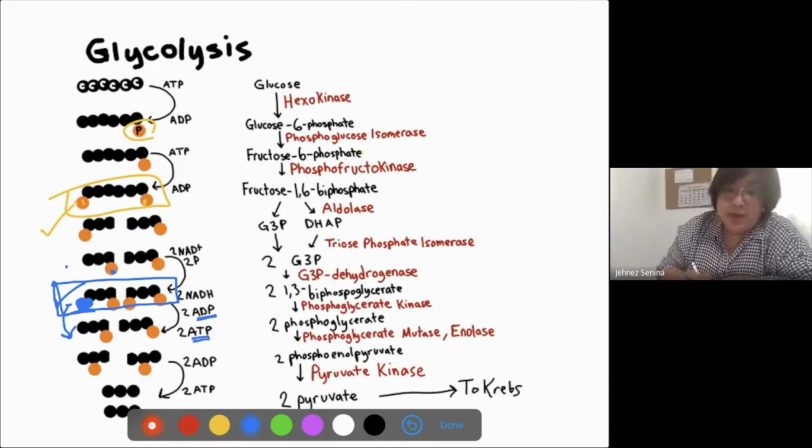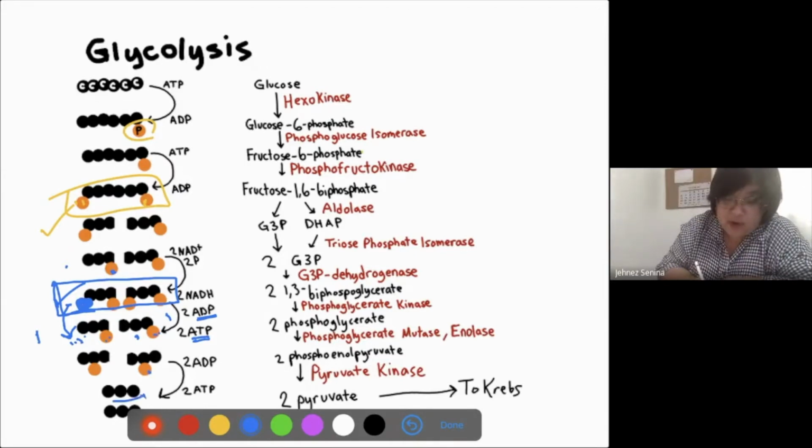Because there's 2 of them, we're going to get 1 ATP here and 1 ATP here. Let's just proceed with this diagram. You still have 1 phosphate, right? We're going to remove that again.